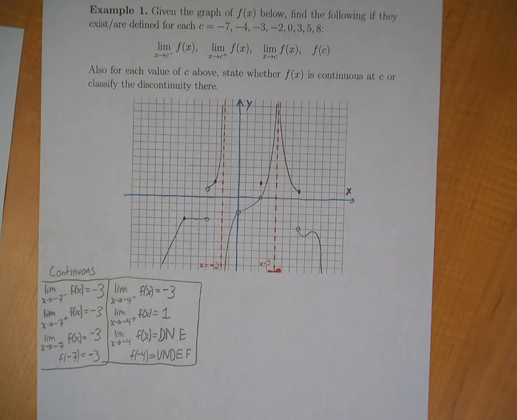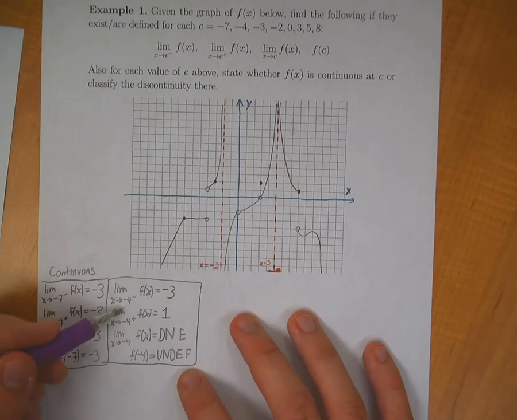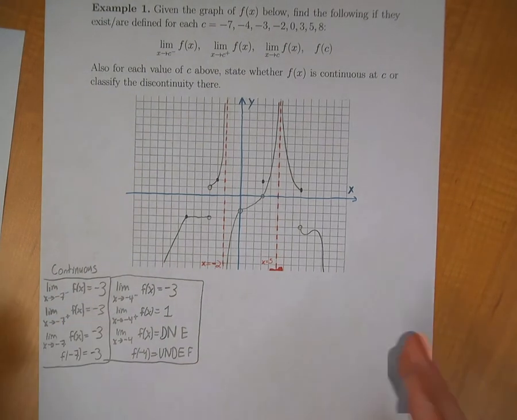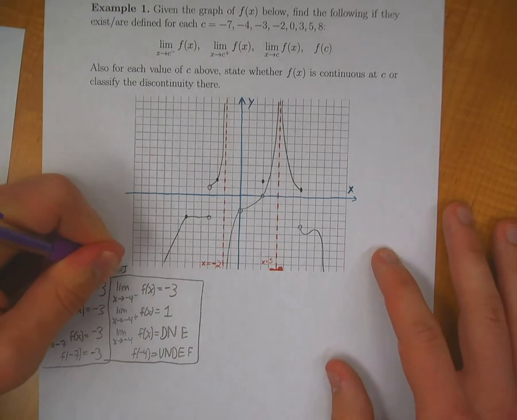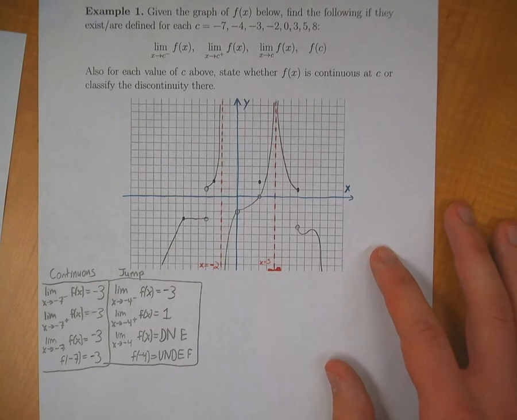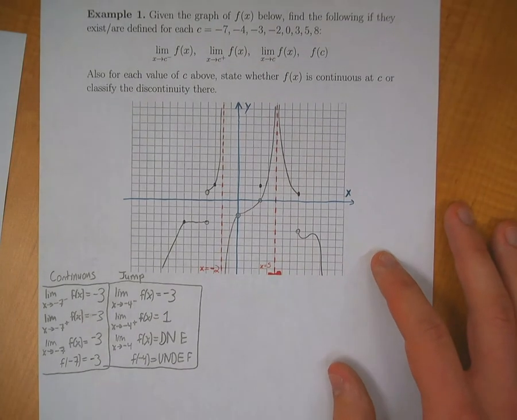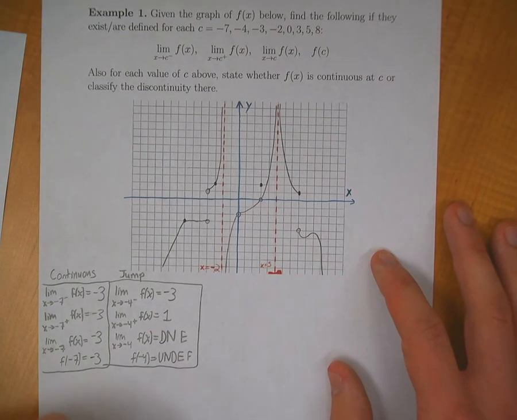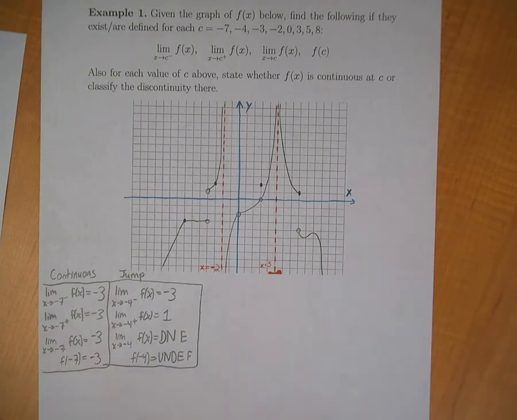It's a jump, right? Because the one-sided limits exist and are finite, but they don't agree with each other. So in this case, we have a jump. Okay? So that's -4. So now let's, for the time being, skip -3 and jump, no pun intended, to -2.